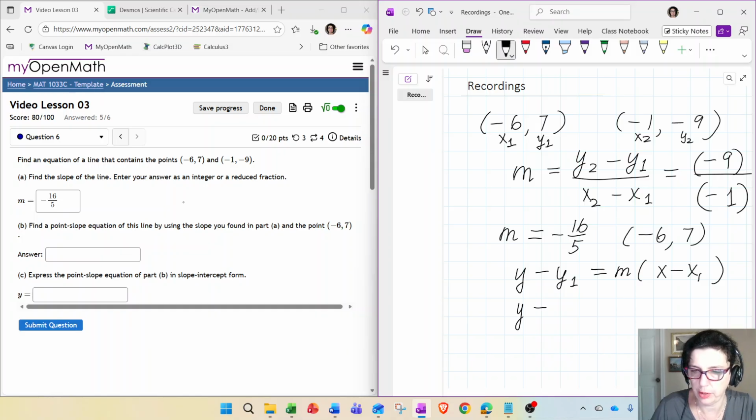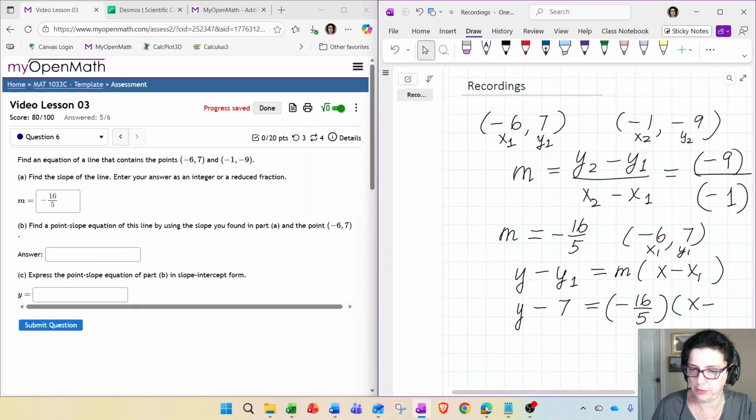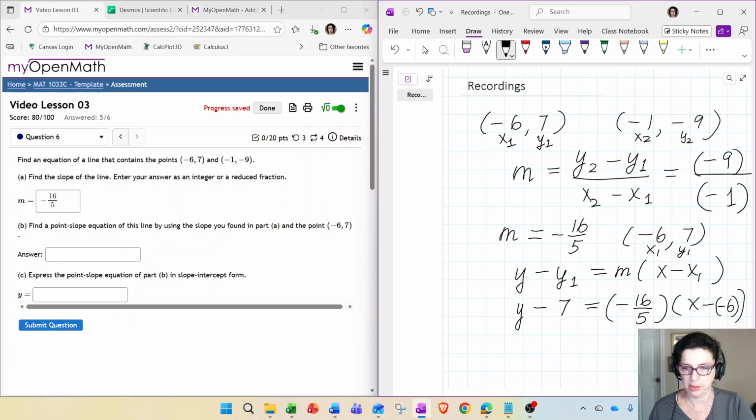So remember, this is x1, this is y1. So y1 is 7. Okay, it's not negative, so we do not have to put it in parentheses. And then it's going to be -16/5, which is the slope, multiplied by x minus x1. Well, x1 is -6, so you're subtracting -6. We're going to put that in parentheses. Okay, so we can go ahead and type that here.